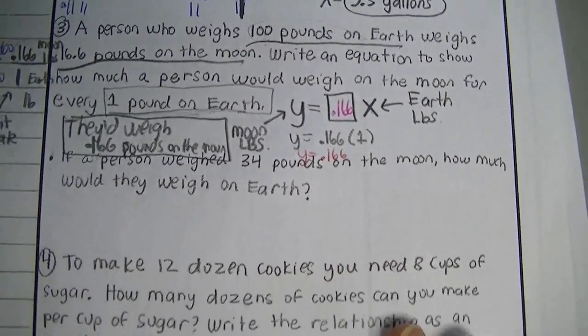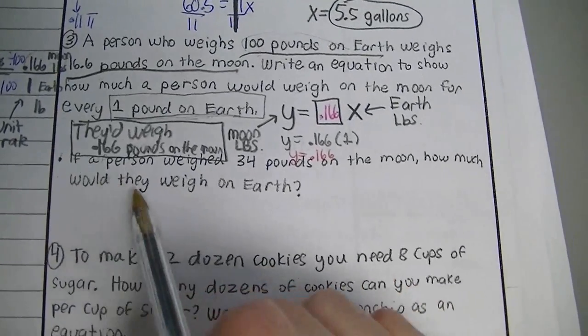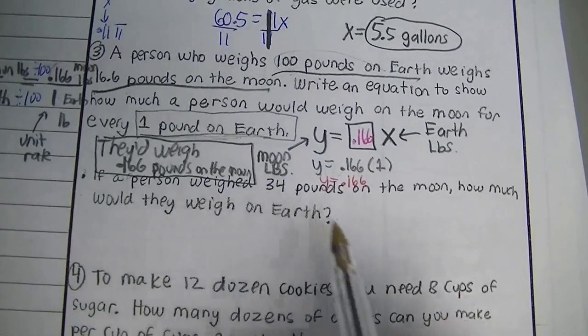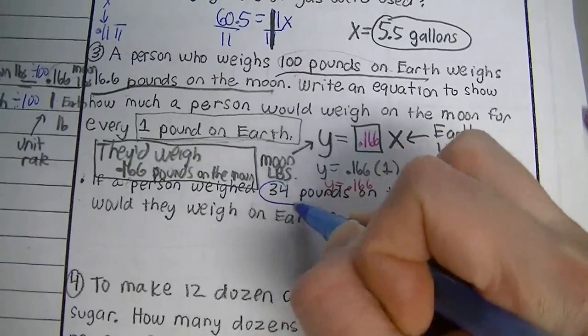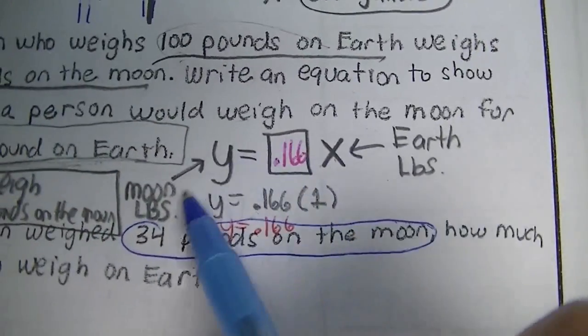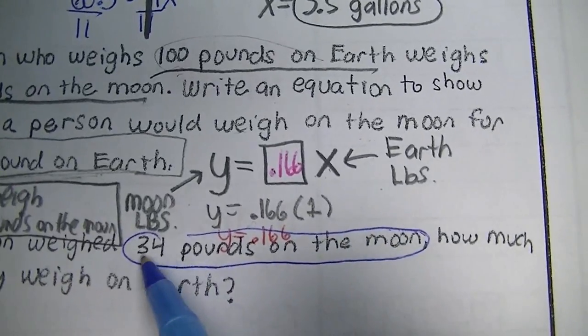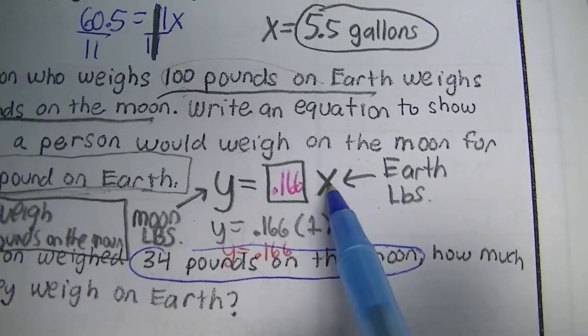All right. Now let's use that same equation to figure out the rest of the problem. If a person weighed 34 pounds on the moon, how much would they weigh on Earth? All right, so they're weighing 34 pounds on the moon. So let's look back up at this equation right here. Where do you substitute the 34 pounds? For the moon or for the Earth?